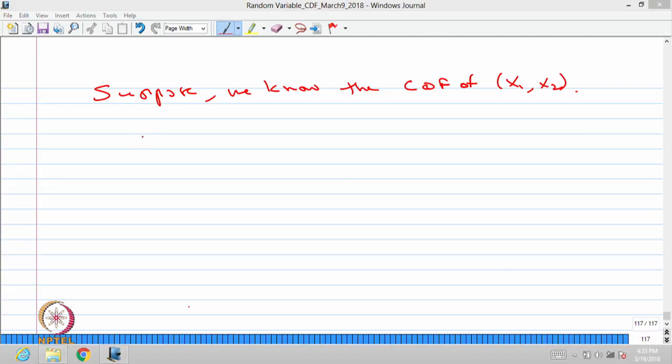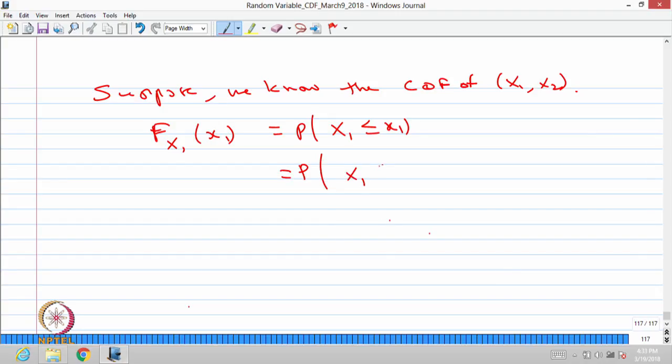That is, one can find the CDF of random variable X1 as a function of small x1. That is nothing but the probability of X1 less than or equal to small x1. That is the same as the probability of X1 less than or equal to small x1, intersected with the union of X2 less than or equal to small x2 for all possible values of x2.